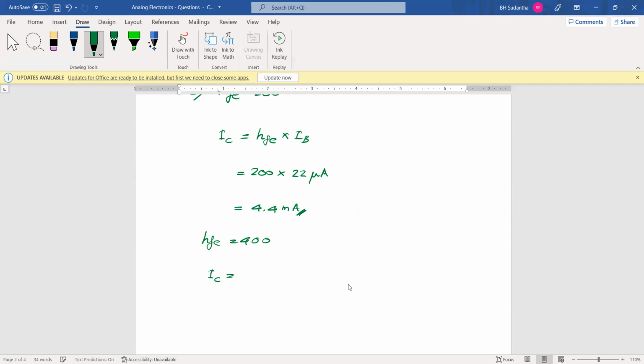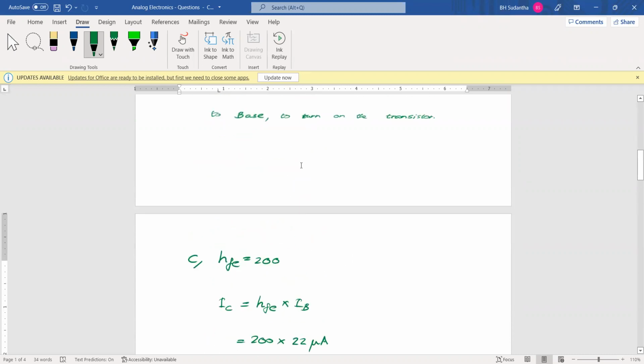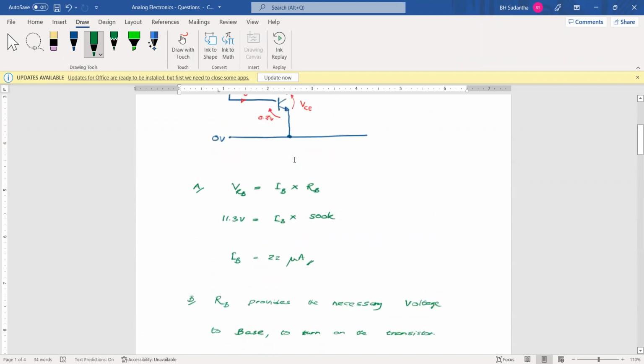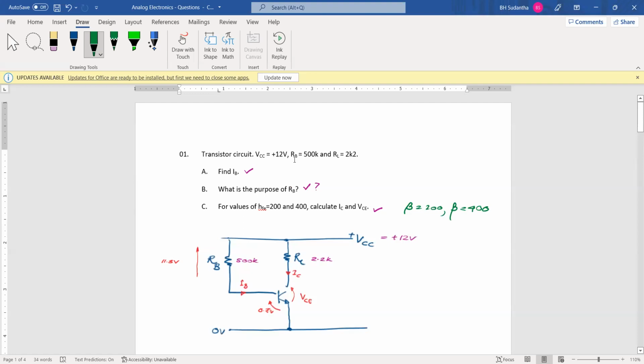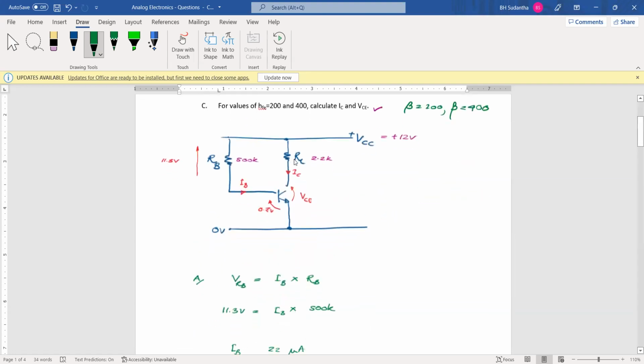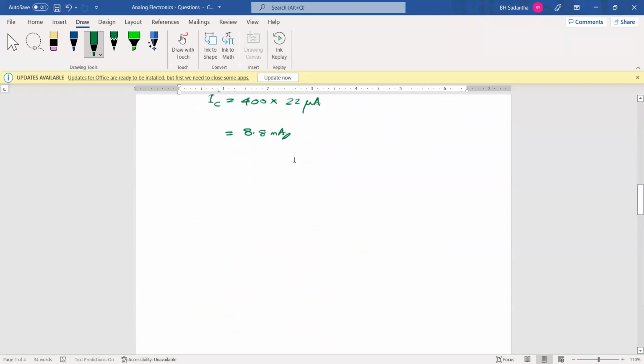Then IC equals 400 times 22 microampere. Is it okay?